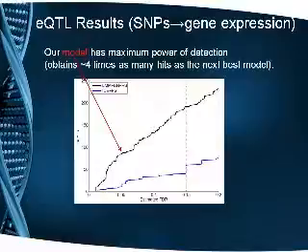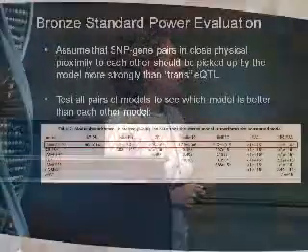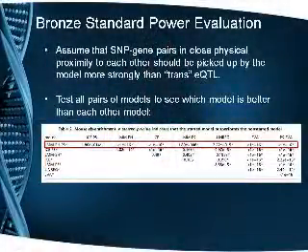And when you use that model, you get a win on the number of hits compared to the next best model. Just for example, you get 4 times as many hits. And you can do a cis enrichment test, which relates a bit to what Gil was talking about. Basically, of all the pairs of genes and SNPs, I expect pairs where the SNP is near the coding region of the gene to have a stronger association, because those are just more likely biologically to be a hit.